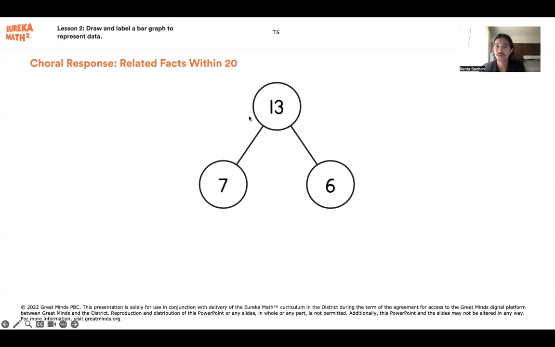Okay, we have 13, 7, and 6. What's a subtraction problem? 13 minus what equals what? Okay. Yes, 13 minus 7 equals 6. If I make this addition, I can say 7 plus 6 is equal to 13. Now tell your partner, what's a different subtraction? 13 minus what?